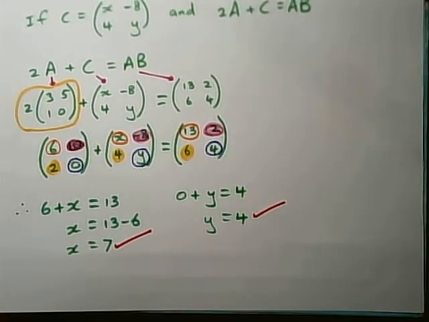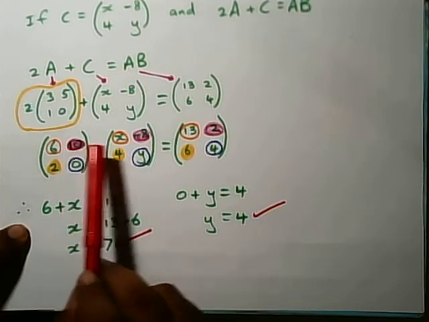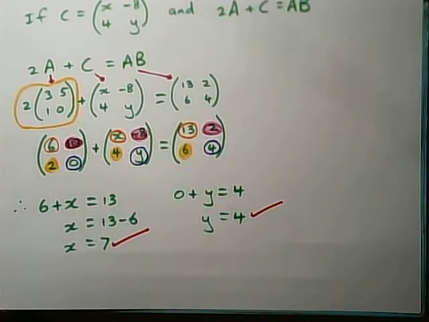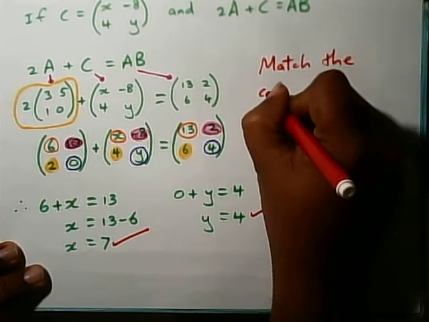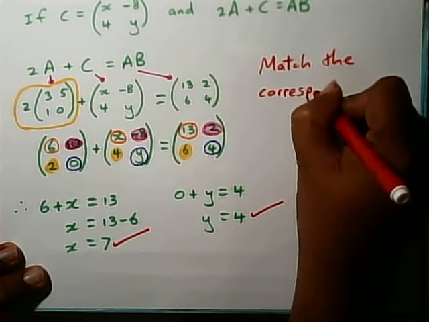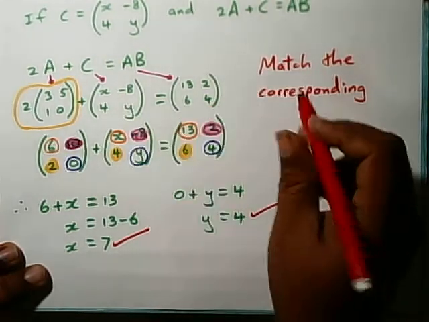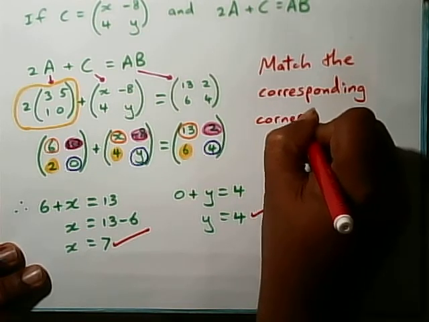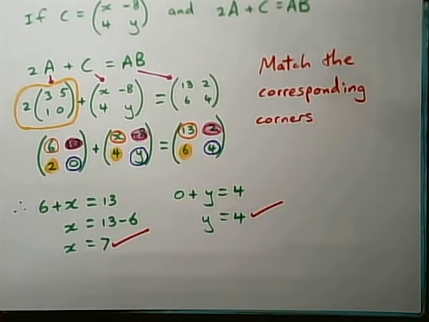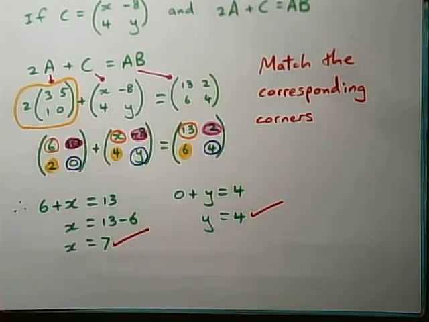And how did we do it? We had to add these and match them to the corresponding corners, or the corresponding numbers. Let's use the corners: top corner, next corner, next corner. We have 4 corners.